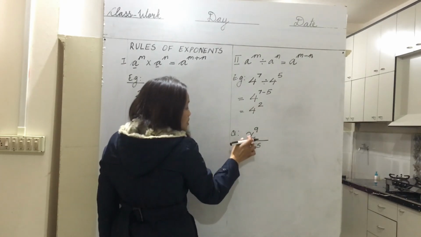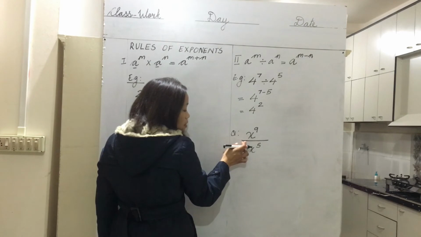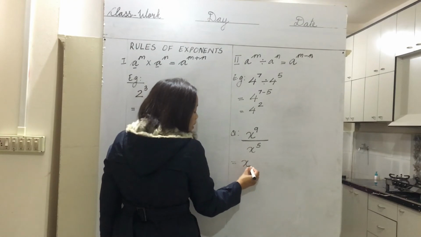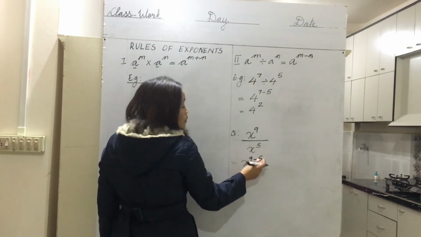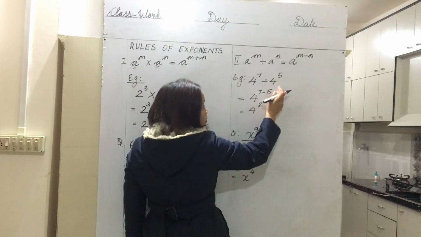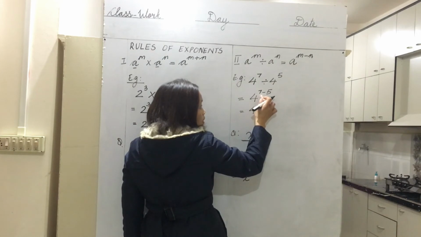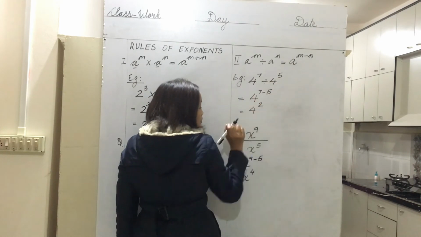So this means same bases, division. We take the base for one time and then from the first power 9 minus 5, that is equal to x to the power 4. Remember when you subtract the powers, here 7 is the first power, so we write 7 first, and 5 is the second power, so then we subtract 5 from 7, right?